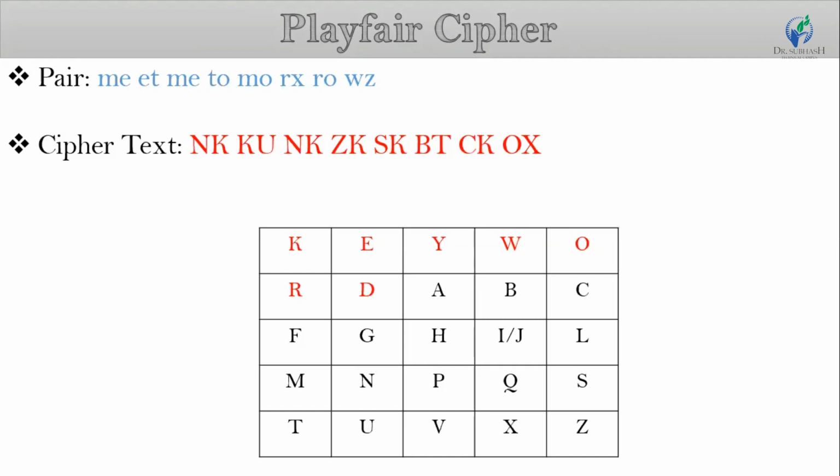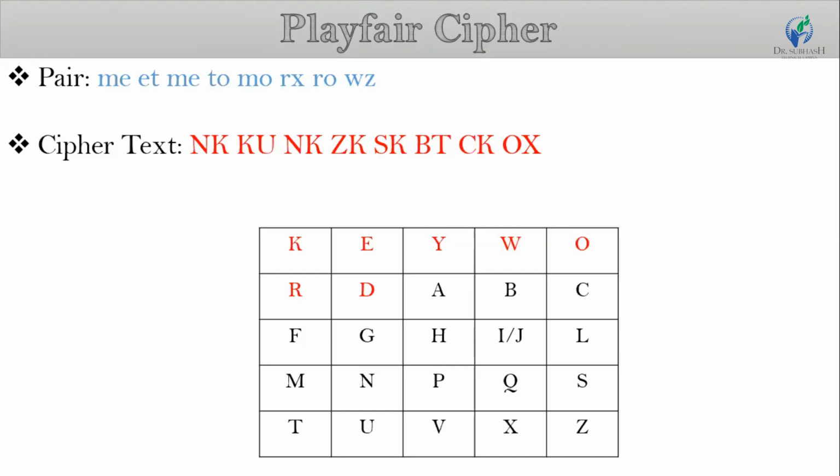Next, M and E is our pair again. So M is replaced with N and E is replaced with K. Now the next pair is T and O. Again, it is neither in the same column nor in the same row. So the alphabet is replaced by the element in its own row and the corresponding column of the other alphabet of the pair.